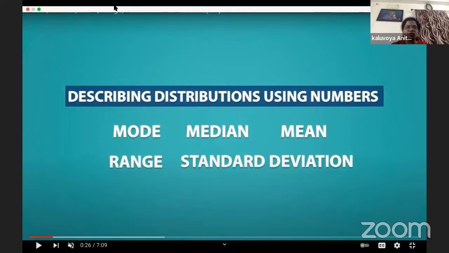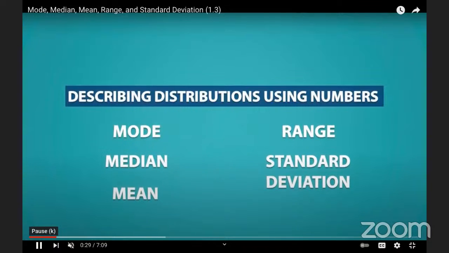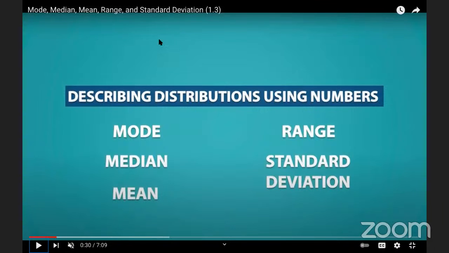So when we look at this concept of distribution, when we are describing this particular topic, we need to first understand what mean, median, and mode are, and then we will understand range and standard deviation. For any research, to have a statistical understanding, you must understand what is mean, median, and mode.